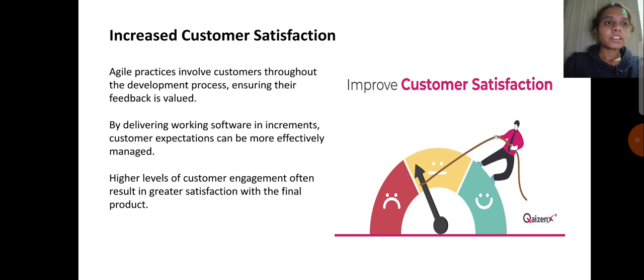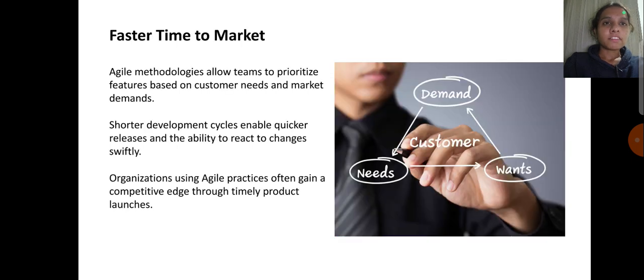And the next is faster time to market in agile practices. Agile methodologies allow teams to prioritize features based on customer needs and market demands.